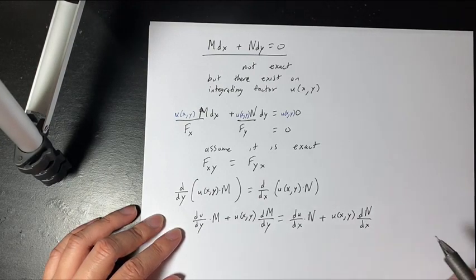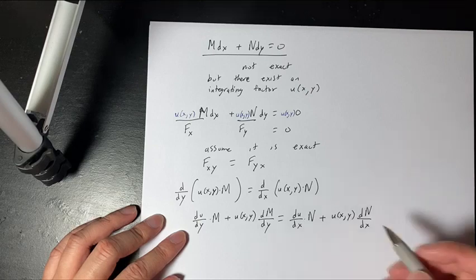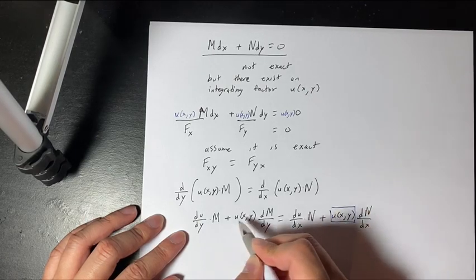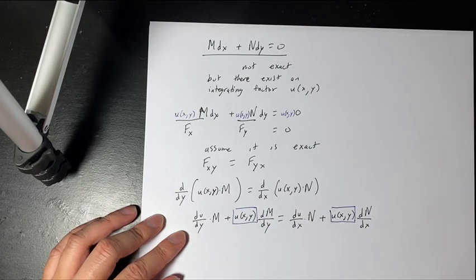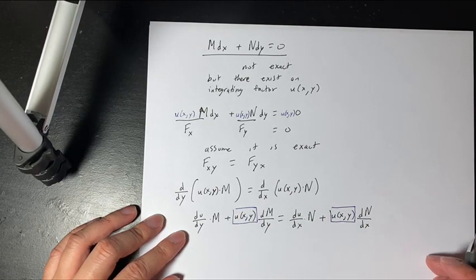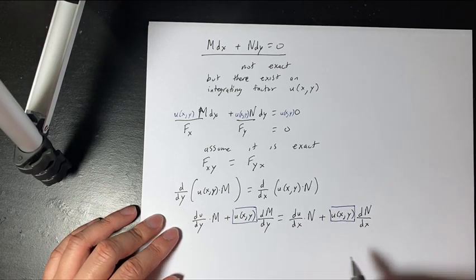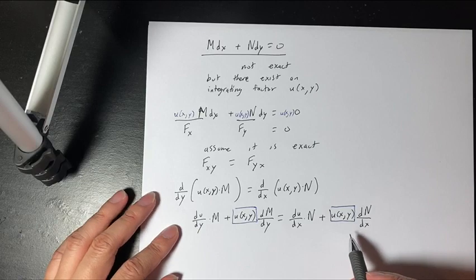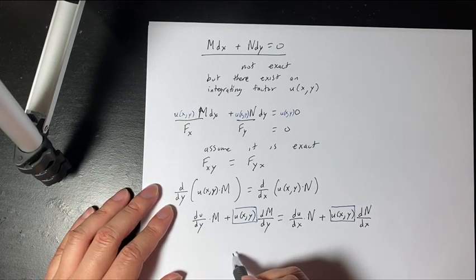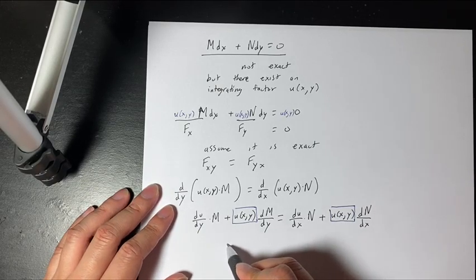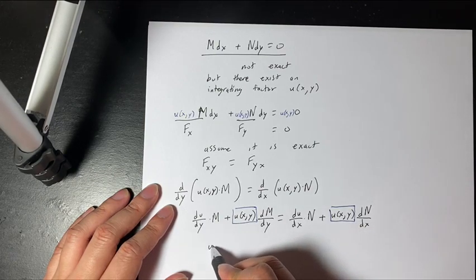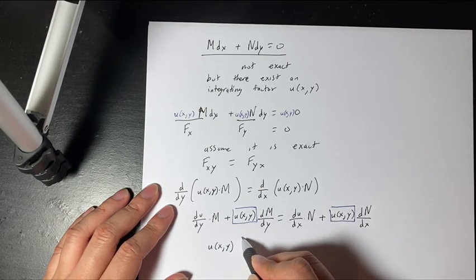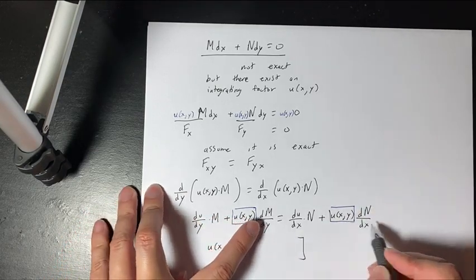Our whole point here is that we're trying to figure out what this u of x, y is. I'm going to move things around. I'm going to move this over to the right side, move this over to the left side, and solve for this u. So I can do it by moving this to the left, and once I move it over, I'm going to factor this out.